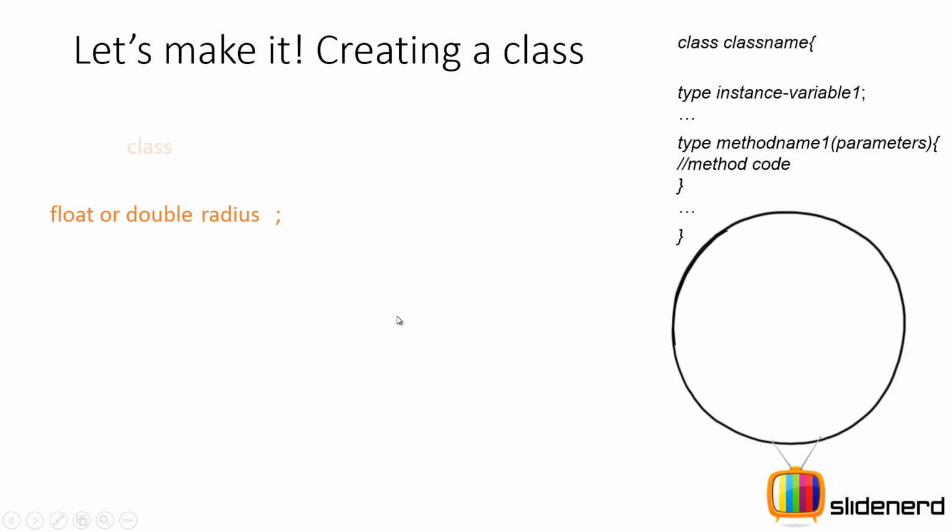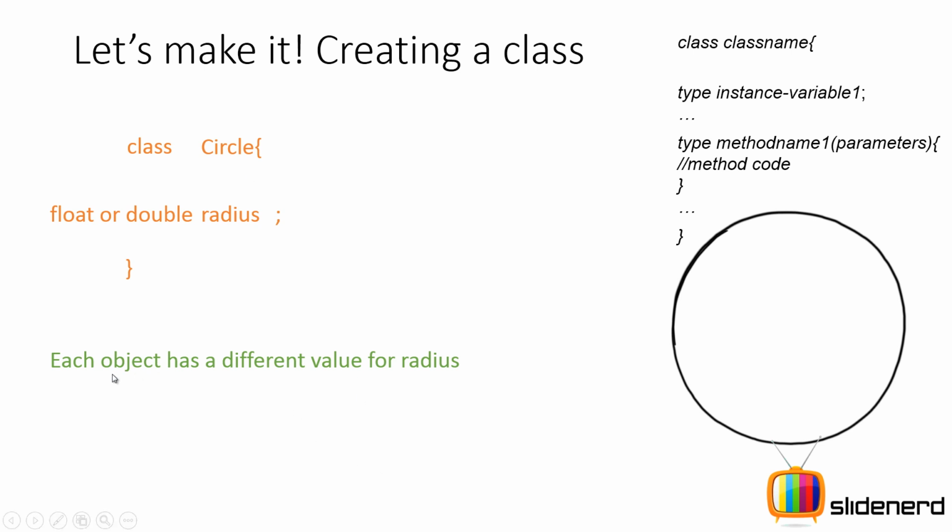Then I create something called class circle with open and close brackets. By this, I'm creating a blueprint for a circle, saying that this is something called circle, and it has something called radius. That's all I'm doing. Remember, I have not made a real working circle that we can use right now. So far, I have defined what a circle is. I have not yet created a circle so that I can use it to find its area.